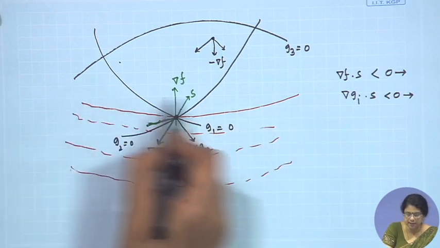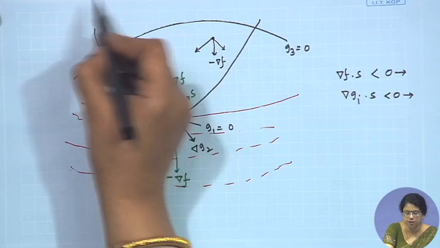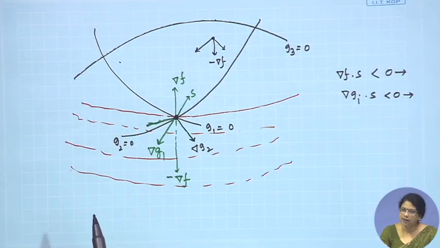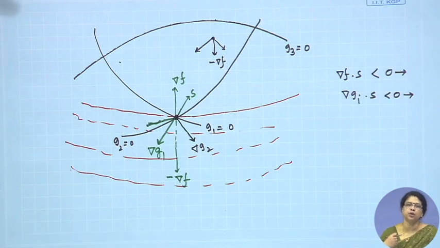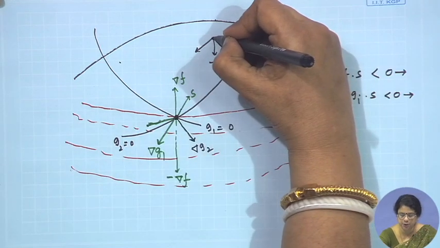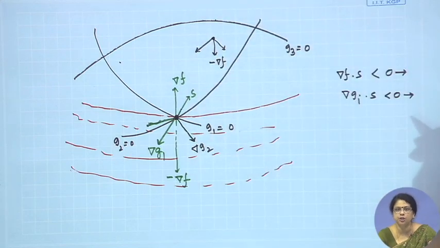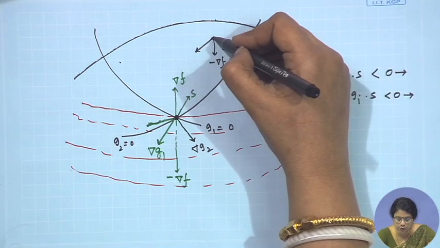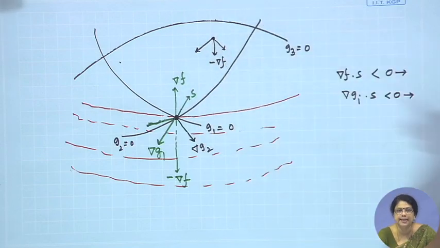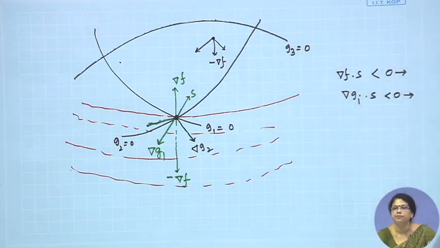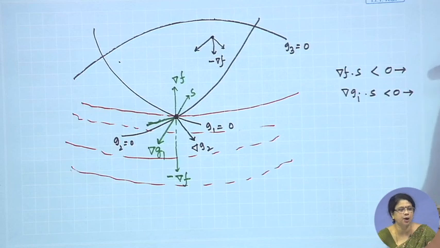If this is the level curve of the objective function, then the optimal solution must be somewhere here. The method should guide me so that if this point is my starting point, for the maximization problem I should move through the ascent direction as well as the feasible direction. That is the basis of the Zoutendijk method of feasible direction.